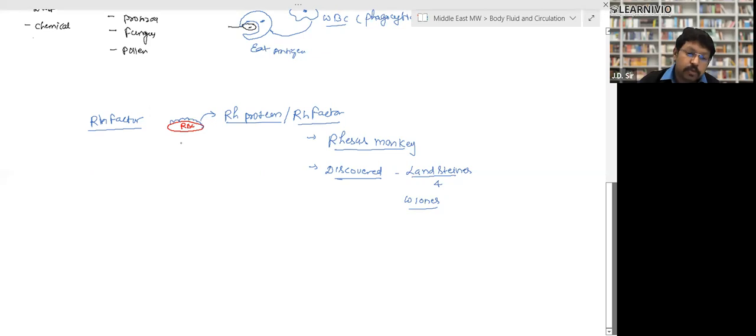So if the Rh factor is present, then the person is called positive blood group, right? If the Rh factor is absent, then we call that person negative blood group, right? So that is the meaning of negative and positive blood group. Clear?